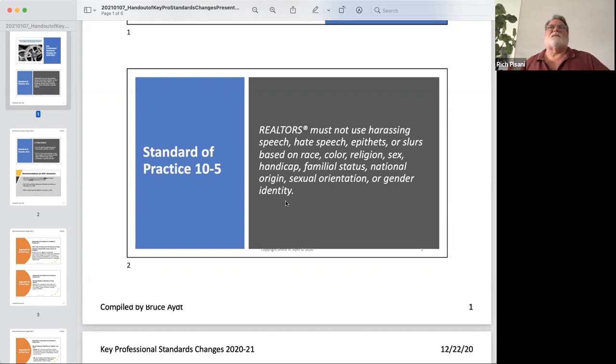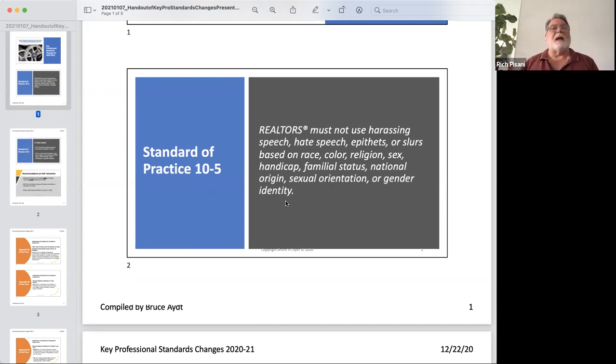Now, when this was first proposed, everybody was saying, well, you can't control what I say. There's freedom of speech in the United States. And yes, there is. But as a realtor, when you join your local association, you're also joining CAR, the California Association of Realtors, and you're joining NAR, the National Association of Realtors. Those are trade organizations.